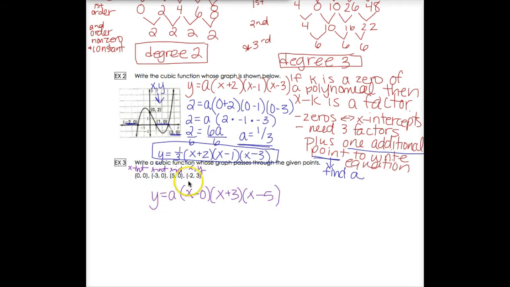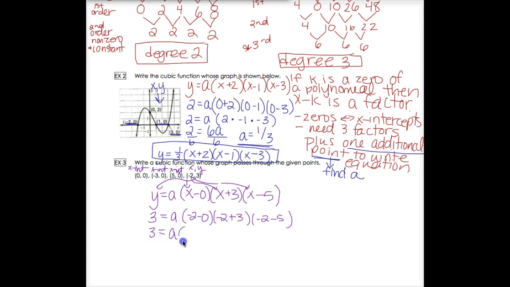So plug in my x and my y into these points. So y is 3. X is -2. So I plug those all in.